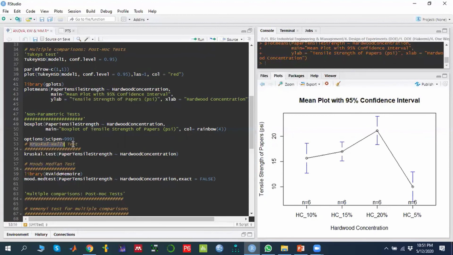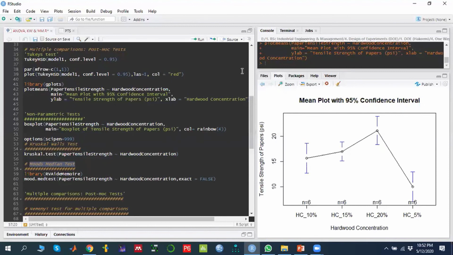And I told you under what condition you can apply the Kruskal-Wallis test. If your data do not have many extreme values, then you can apply the Kruskal-Wallis test. But if your data contains outliers, then you can apply Mood's median test.